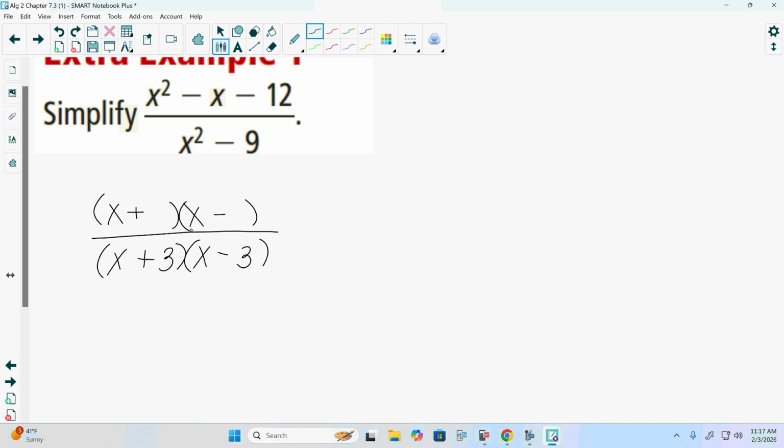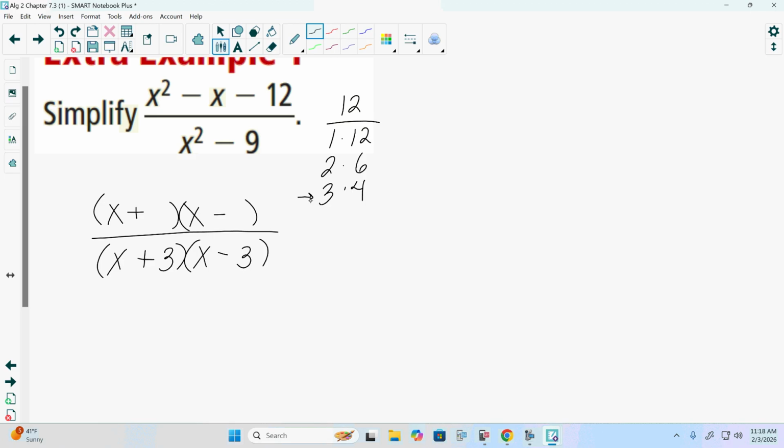So on top, the third term is negative, so the signs have to be opposite. And yes, the only factors of x squared are x and x. Now our factors of 12 are 1 and 12, 2 and 6, 3 and 4. Only choices we have, yes? Now, 3 and 4 is going to be the first thing I'm going to look at.